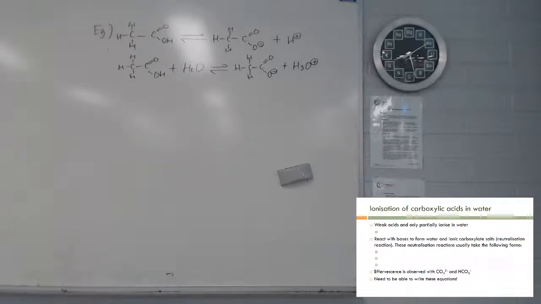So, all right. Now, because it's a weak acid, it can react with bases to form water and ionic carboxylate salts. So remember the term salts. It's just an ionic compound, yeah, that's dissolved in water.